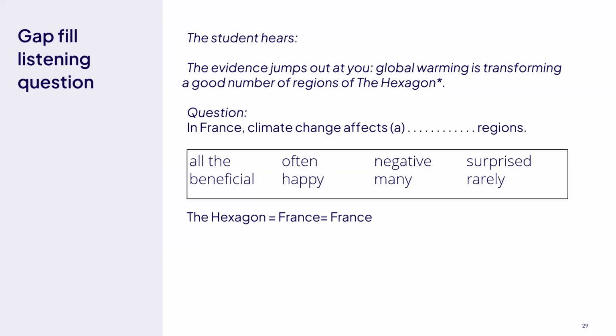Okay, so just as you're getting students prepared to deal with questions like that, what's the strategy? Well, in the moment before they start listening, they need to think, what could go into that gap? So "all the" is possible.